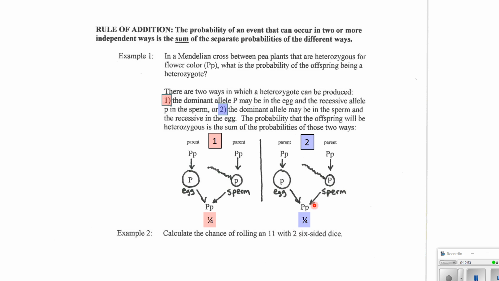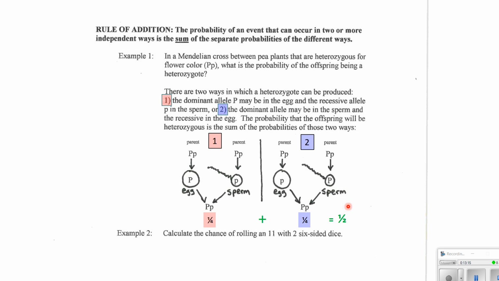So what do we do with those two individual probabilities? We have to add them together. The total probability that two parents like this would end up with an offspring that is also heterozygous, that's a 1 out of 2 probability.